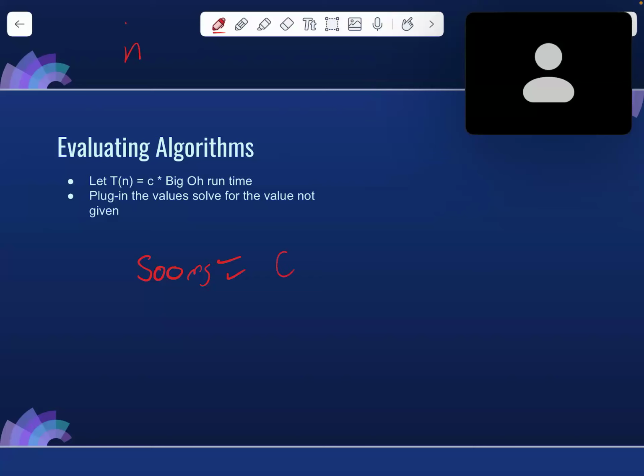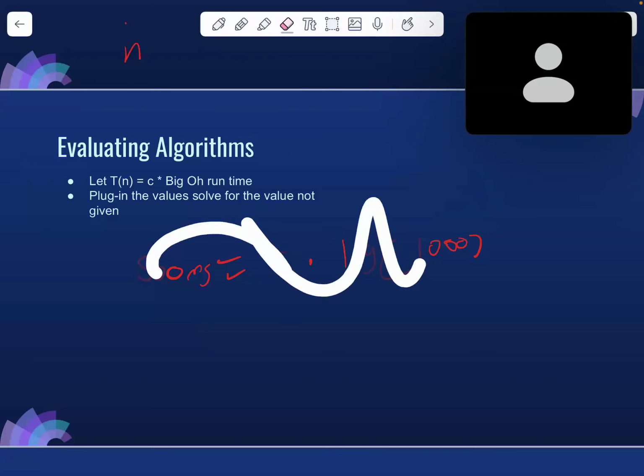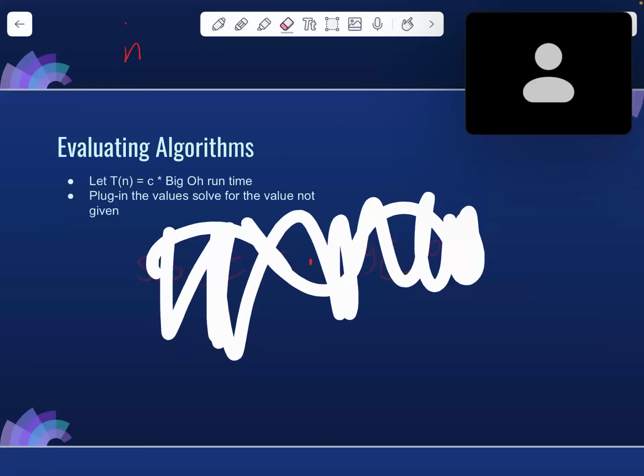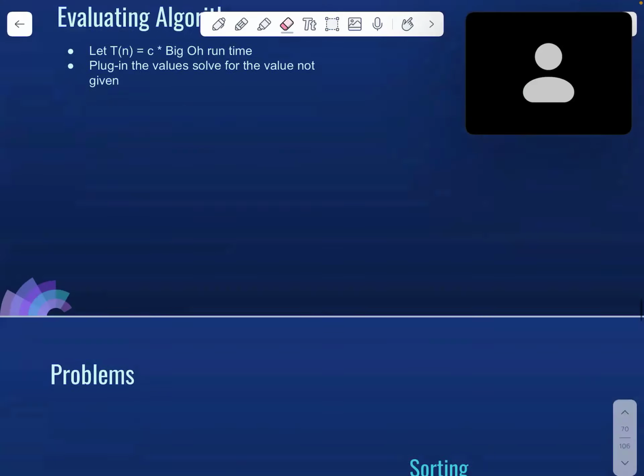You would just plug that in, and then you would take n, which is the number of operations, and multiply it by whatever your runtime is. So if it was log n, then you would take the log and plug in that value, whether it be like 1000, and then you would evaluate it there, solve for c, and then take that c and plug it into whatever you need to solve the rest of the equation.